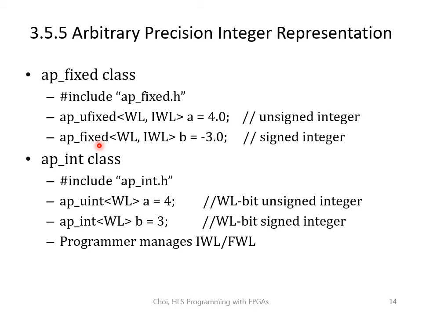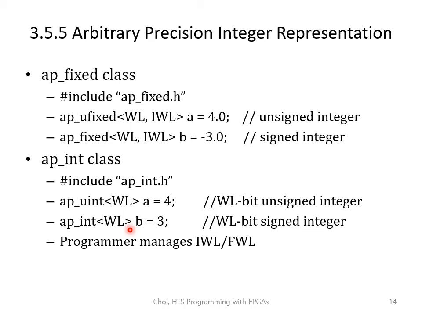Another class you can use is the ap_int class. You need to include the ap_int.h header, and in this case, you can type ap_uint<word length>. This is for the unsigned number, and if you want a signed number, you can just type ap_int<WL>.